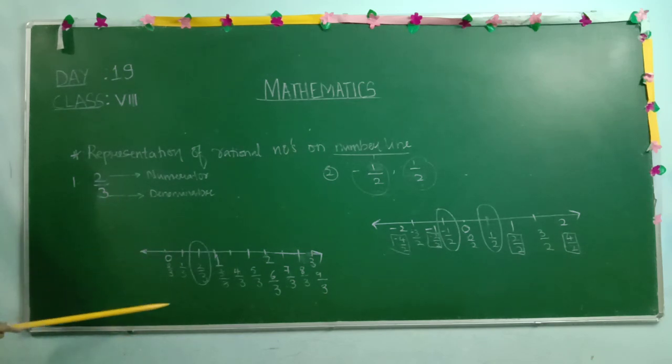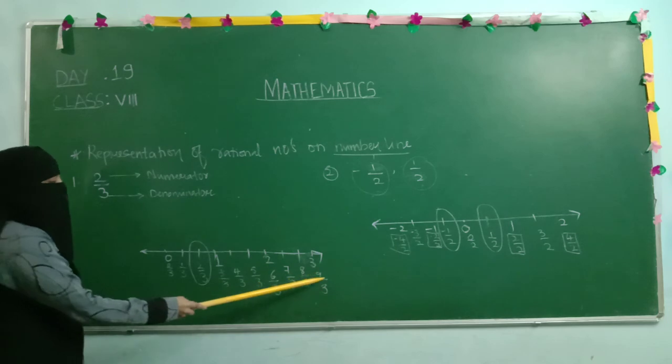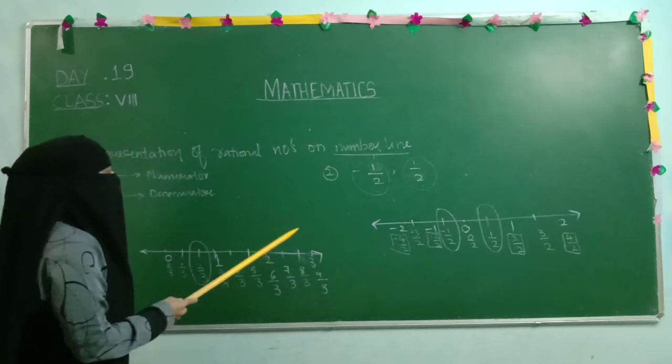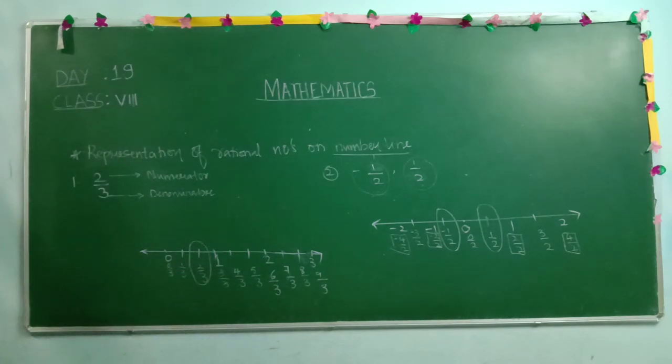The numerator keeps on changing, starting from 0, 1, 2, 3, 4, 5, 6, 7, 8, 9, 10, and so on. Then finally, whatever numbers they are asking to represent, we just need to circle that number and we'll get our result.